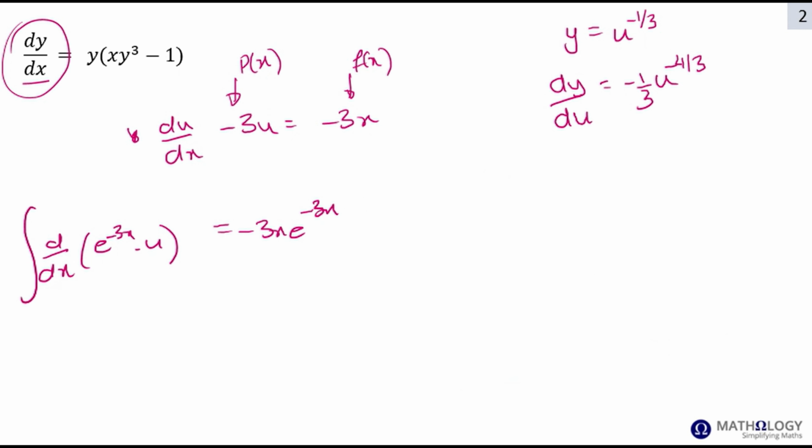Okay, so integrating both sides, we have e to the minus 3x times u equals minus 3, which is a constant, so we'll just pull that out with the integration sign, times the integral of x times e to the minus 3x dx. Now, this integral we will solve by using integration by parts.